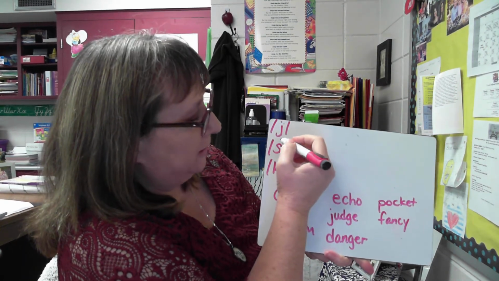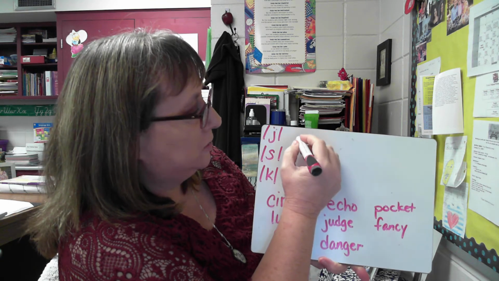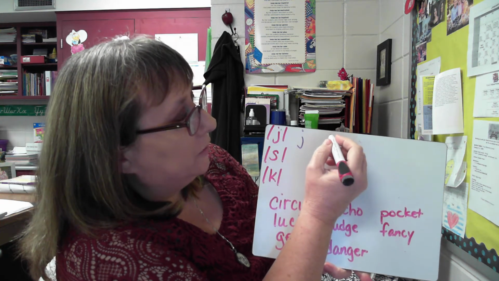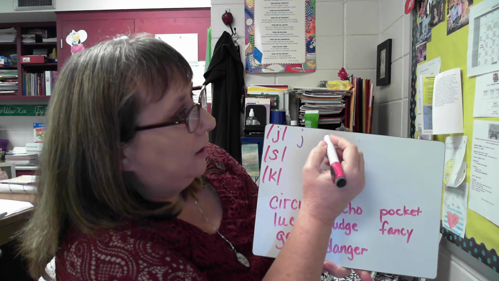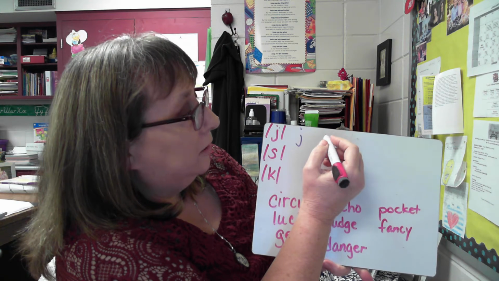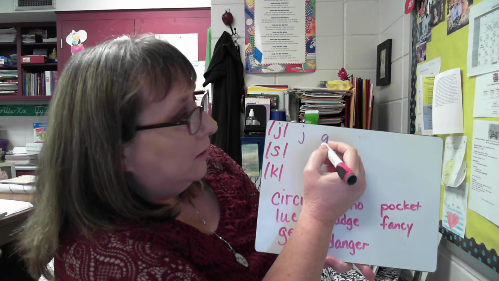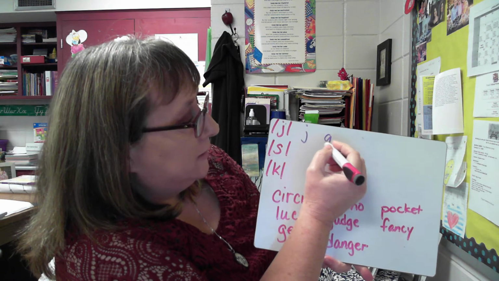So what letter makes the j sound? Well, the obvious one is our J, correct? And then we have what we've learned in Sunday system: if you have a G followed by an E or an I, it also makes a j sound.